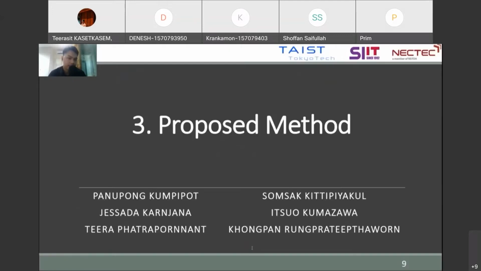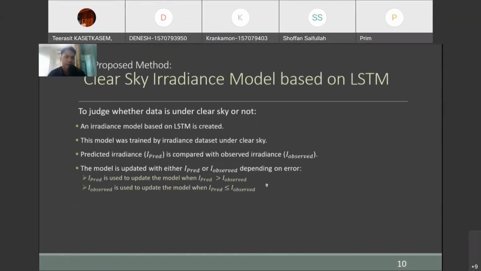So let's talk about our proposed method. So first, in order to create a clear sky irradiance model, this model was trained by the irradiance datasets which are under clear sky condition, and this model will be able to generate the predicted irradiance or IPRED.